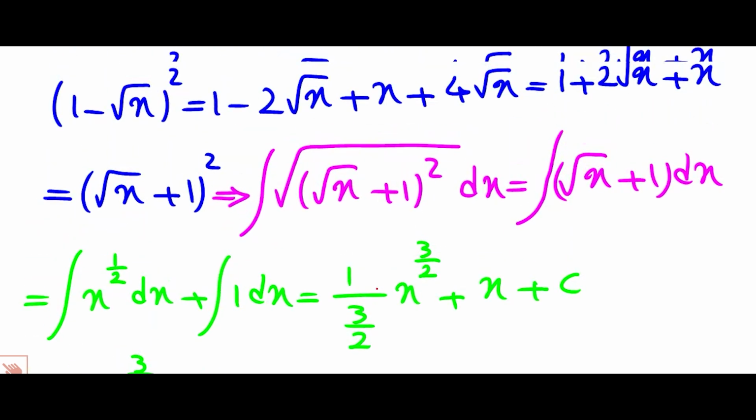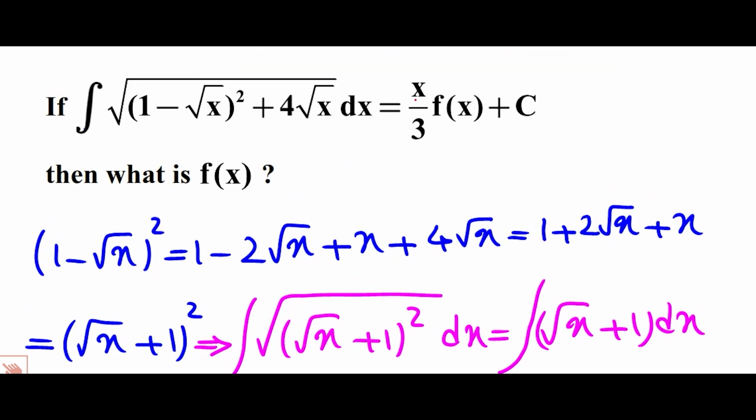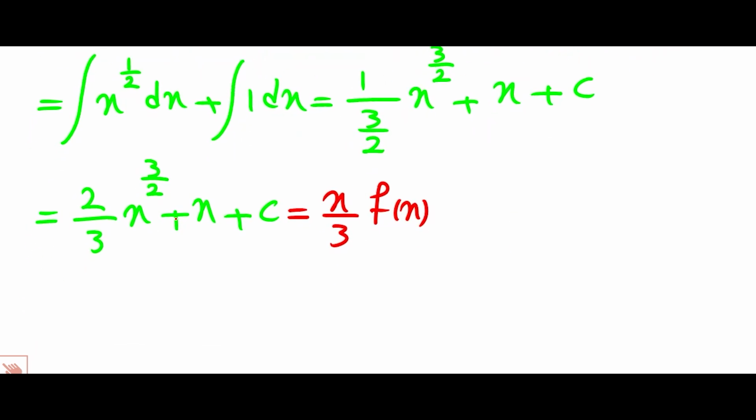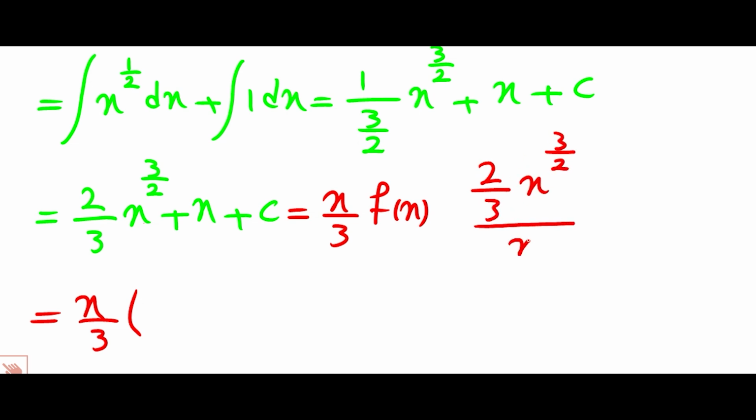And we are told this equals x over 3 times f of x, right? So if we factor out x over 3, we have x over 3 times (2 over 3 x to the power of 3 over 2) over (x over 3), right?